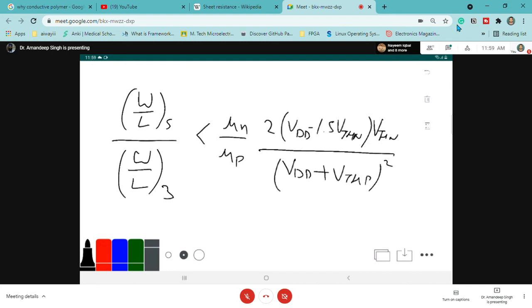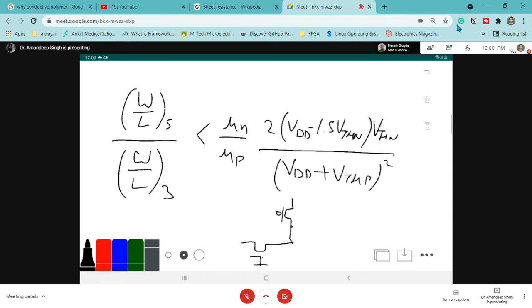So you can see here that while deriving this, we got mu n and mu p. Why? In the previous case, when we were writing, both were NMOS. That's why we didn't have mu n and mu p, because both got cancelled. But in this case, we have this as PMOS and the access transistor as NMOS.